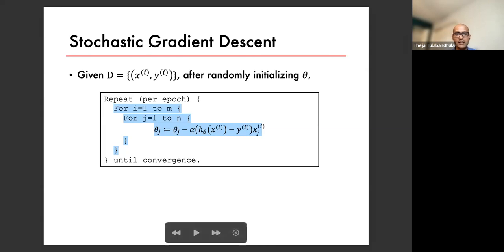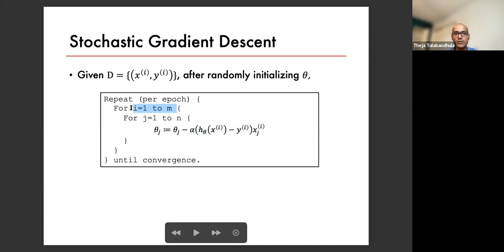But there is a reason why this version was proposed. It's because when you look at the theta update, it's not looking at all the data, and that alleviates the concern. For example, if you have millions of data points, then for one theta update you don't need to worry about summing over all the million terms in that gradient expression. Of course you may say, hey, there's still a for loop over a million data points here.